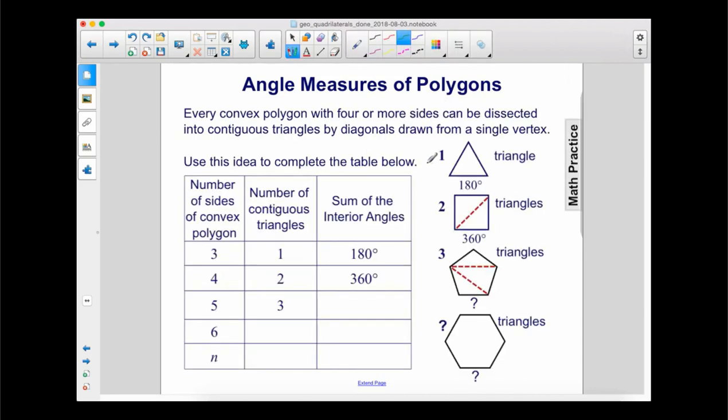Every convex polygon with 4 or more sides can be dissected into contiguous triangles by diagonals drawn from a single vertex. Use this idea to complete the table below. Alright, so here we have number of sides of a convex polygon, the number of contiguous triangles that you can draw, and the sum of the interior angles. So here we have a triangle, therefore the sum of the interior angles is 180 degrees.